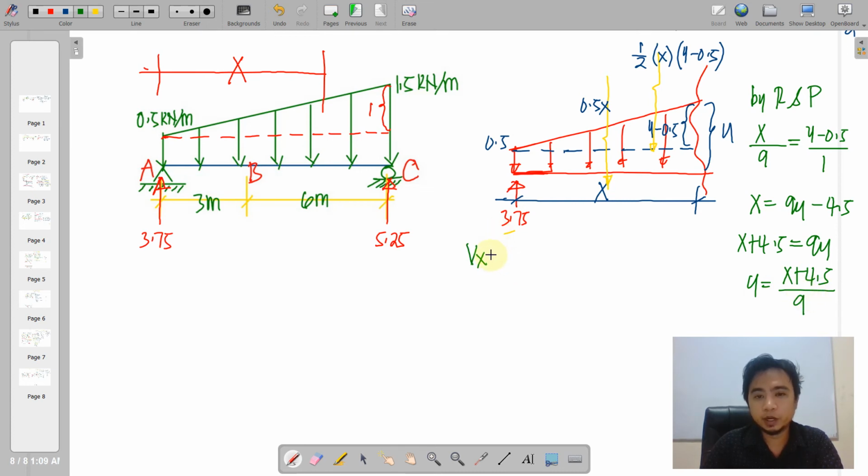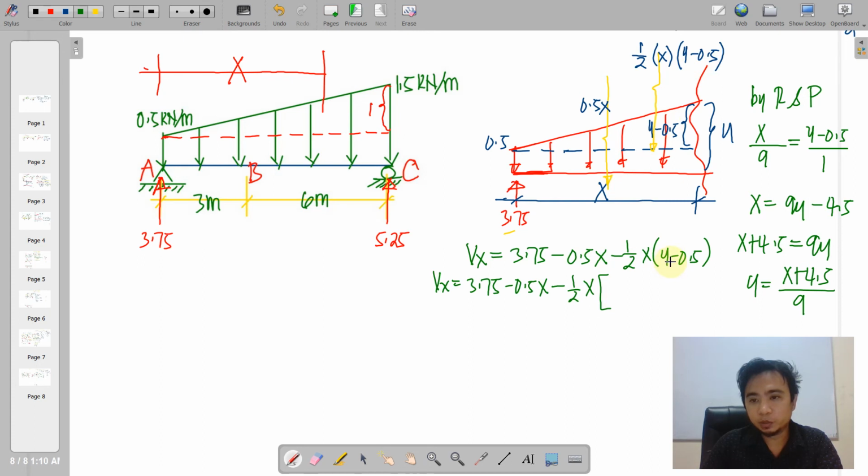So we now write Vx, an upwards 3.75 here, minus this one, downwards 0.5x, minus this triangle, 1/2 x times y minus 0.5. We expand and replace y here, and then just copy that 0.5 there.